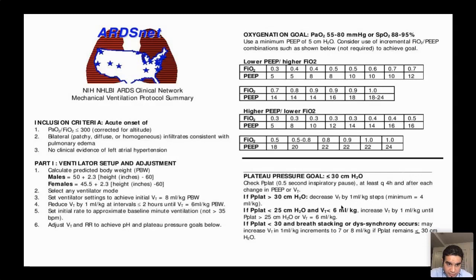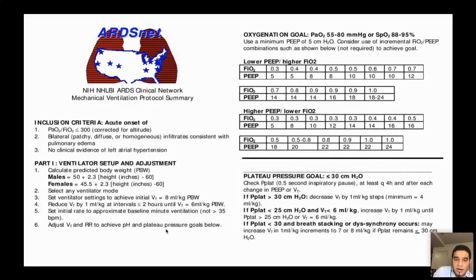Because if you look at the ARDS.net, they said start with 8, like number 3: set ventilator setting to achieve tidal volume of 8 ml per kilogram predicted body weight. So they advise you to start at 8, but with a goal that after a while you should go down to 4 to 6 if needed. We'll talk about when exactly you need to go to that particular parameter, but that's one of the differences that I want you guys to understand.